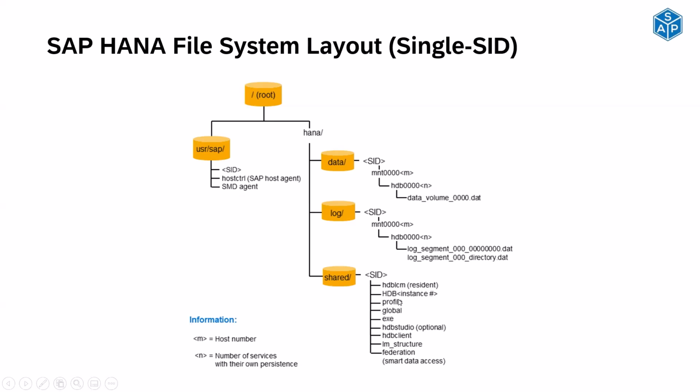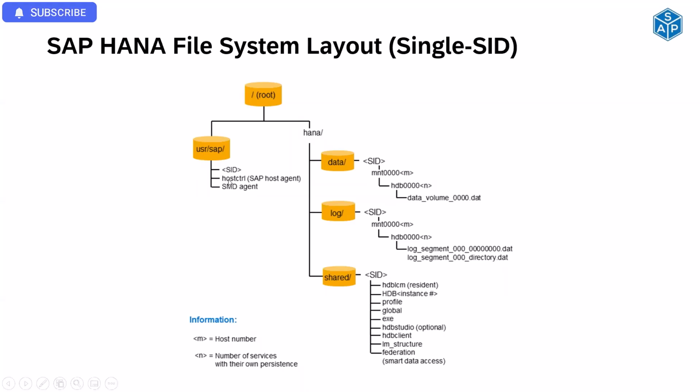SID contains all your installation files. Okay, the HDLCM directory, the instance directory, the profiles, global, exe, everything. It contains all the binaries related to your HANA database, to start your HANA database, to stop your HANA database, and for everything, backing up, for all this. It is all contained in your slash HANA shared directory.